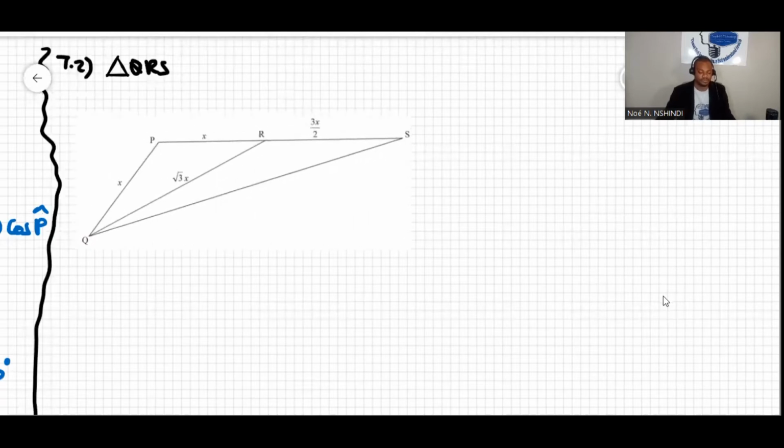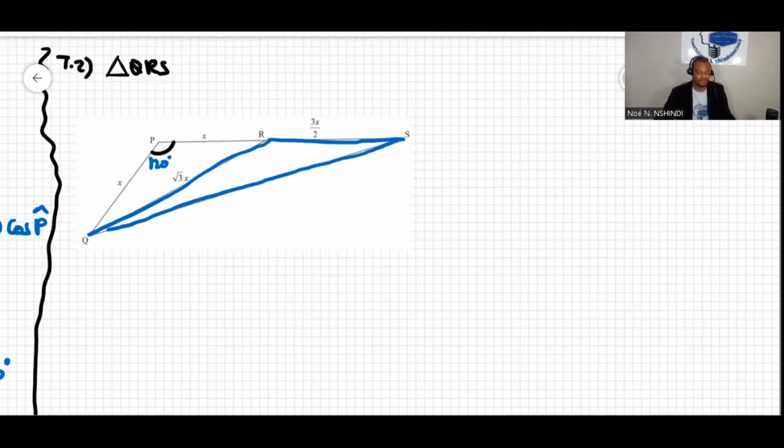Now, the angle P is, as we found, 120 degrees. So now we want the area of the triangle formed by QRS, so we're looking for the area of this triangle.